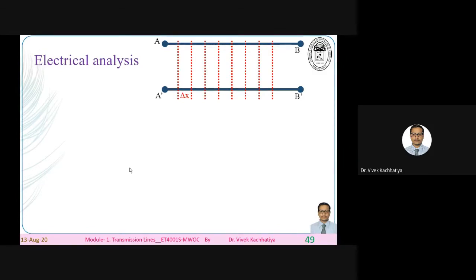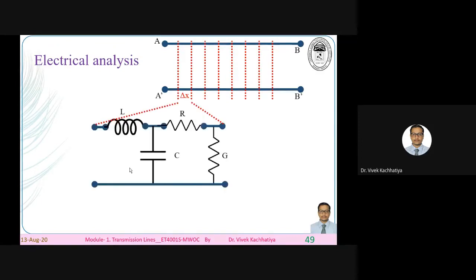Now what is this delta x? If I model this delta x length of transmission line, it will contain L inductance, R resistance, C capacitance, and G conductance, but all four of these quantities are per unit length. So this L is inductance per unit length. Now I will multiply this L by some length delta x.